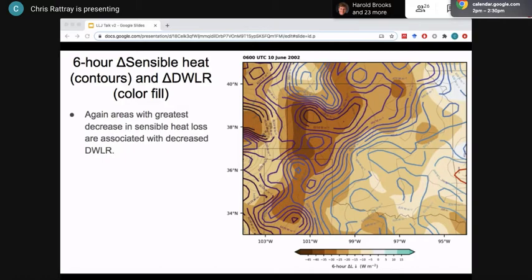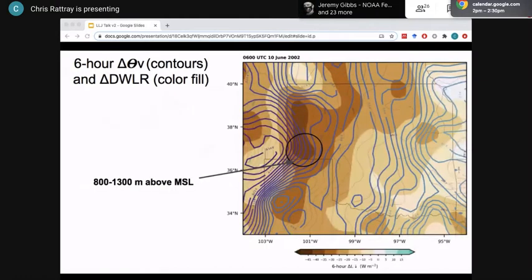We see that a decrease in sensible heat flux is associated with a decrease in downwelling longwave. And now the contours here are showing the decrease in theta V at the surface, and we notice that this area of decreased longwave is associated with a sharp gradient of cooling at the surface.